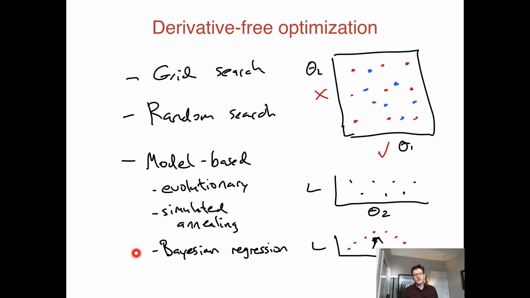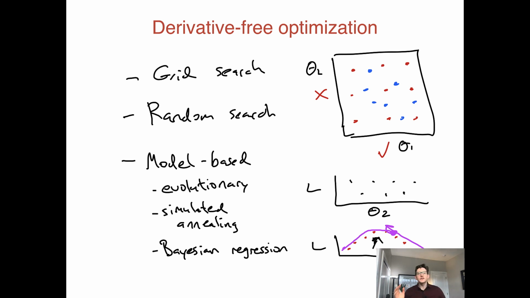The trendiest method that's used these days is what you can call Bayesian regression or Bayesian optimization. This aims to fit some approximate function based on the values you've tried so far, and it takes the derivative with respect to that surrogate function, that is, that function is estimated, and uses that to pick which value to try next.